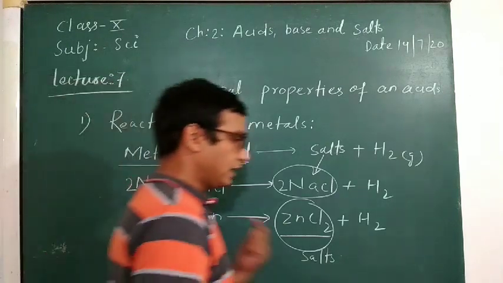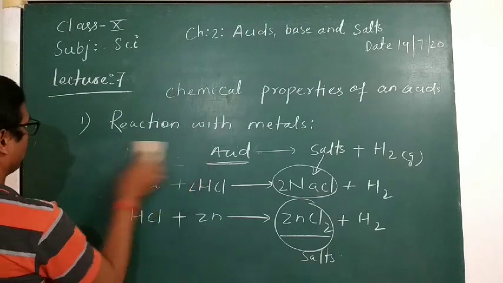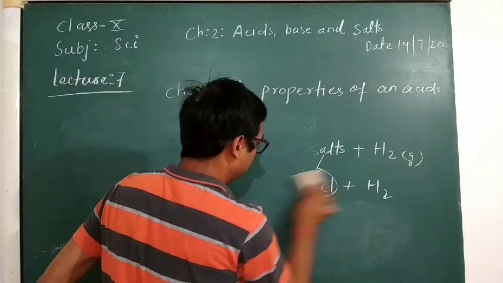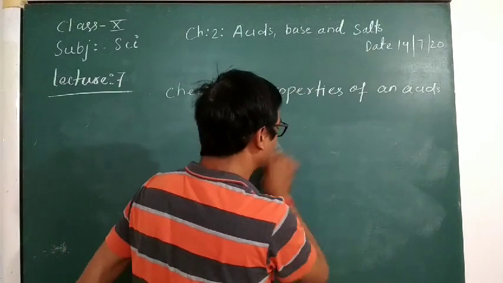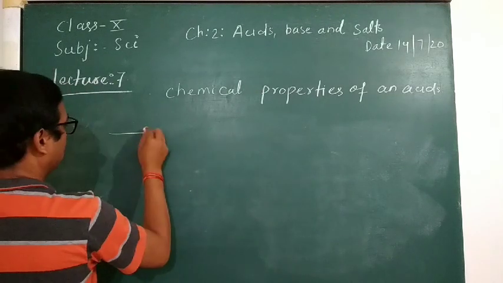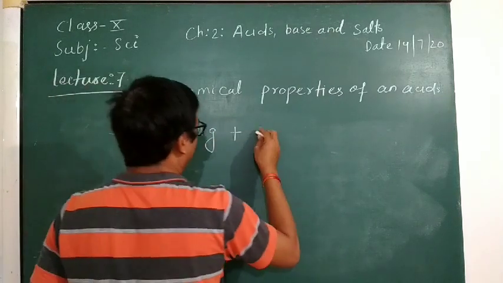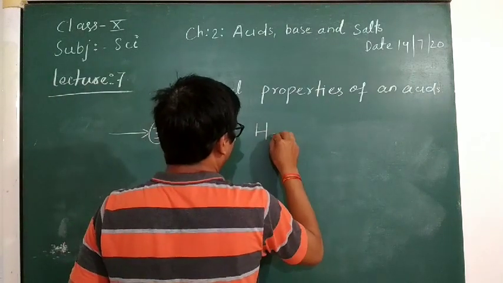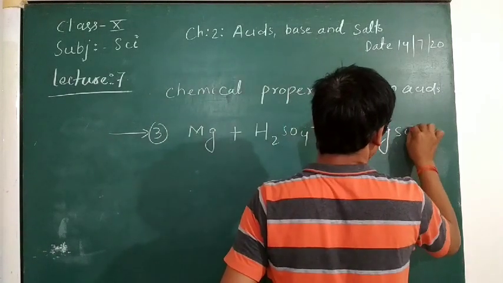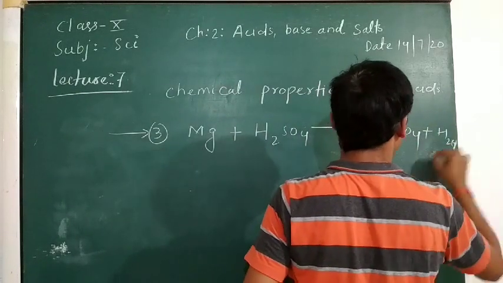Now let's see another example of the reaction of acids with other metals. As a third example, if you are taking magnesium and H2SO4, it forms magnesium sulfate and hydrogen gas.